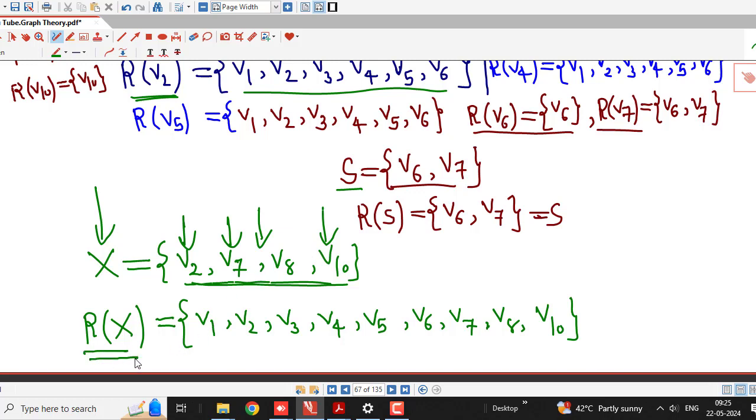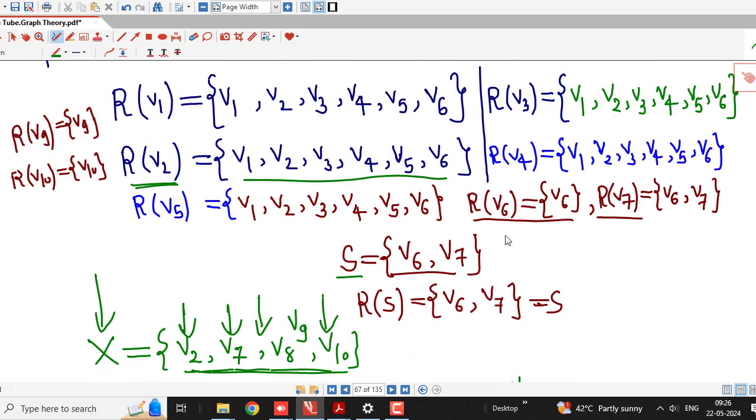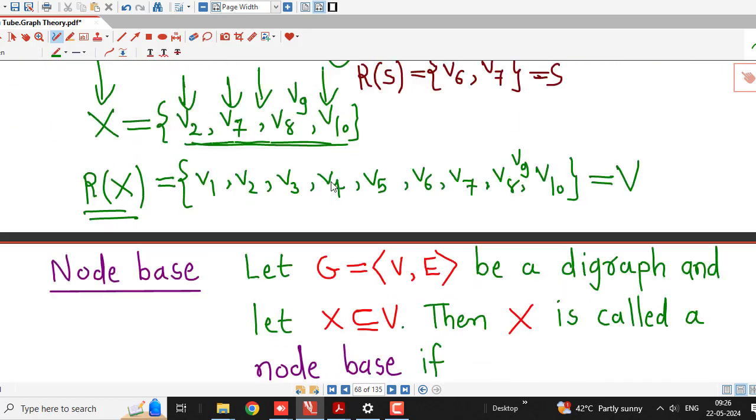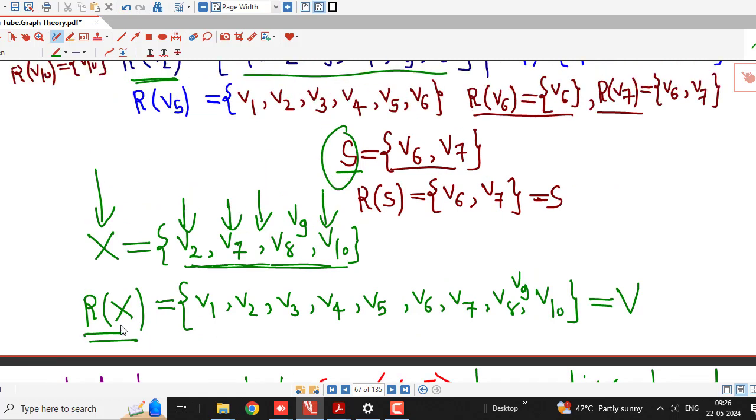This is the reachable set of capital X. Suppose we are writing V9 here, then this is going to be vertex set capital V. So in this way we can decide reachable set of a vertex or reachable set of a subset of a vertex set. Now here we can observe that reachable set of X is capital V.